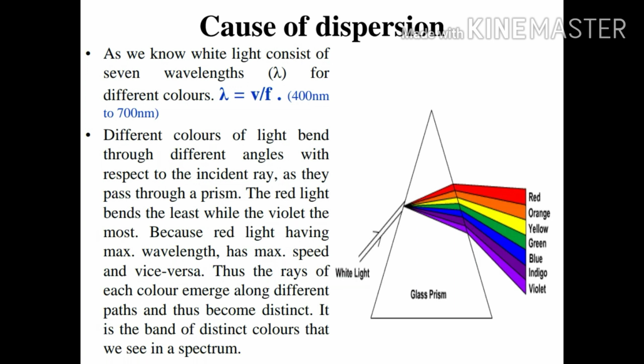So two things change, one is wavelength and another is speed. As the wavelength of red color is maximum, that is 700 nanometer, so the more the wavelength, the more the speed. Red color has the most speed out of these 7 colors, and so on.